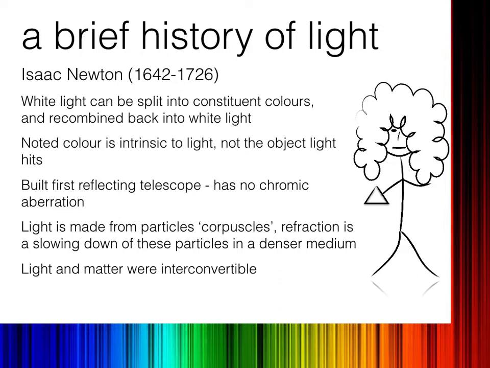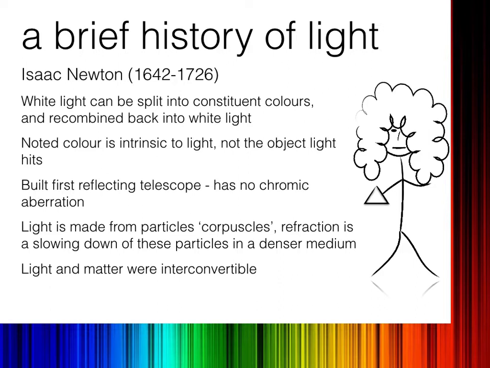And the next person to come along that had a really big effect on our understanding of light was Isaac Newton. Newton worked out that we could take sunlight, white light, and split it into its constituent colours, our visible spectrum. But the new thing about this was that you could then take that visible spectrum and recombine it and get white light back.